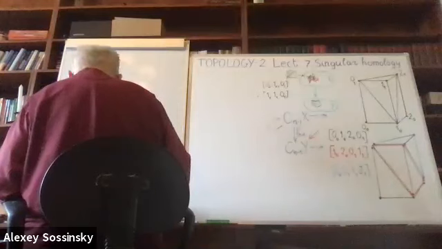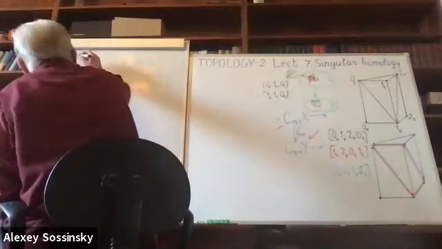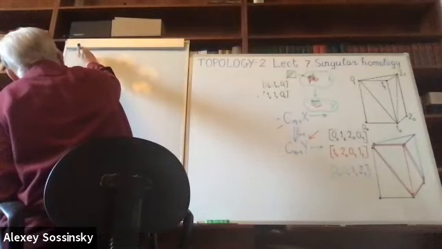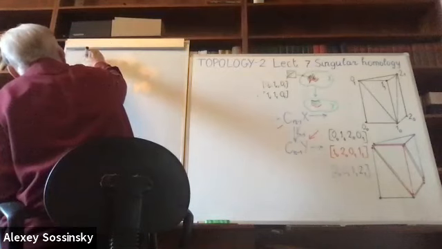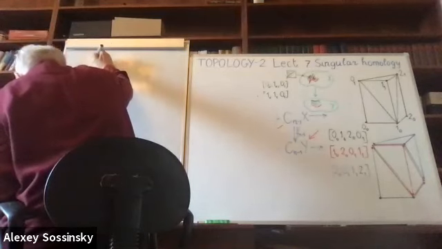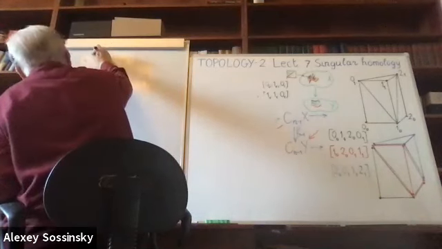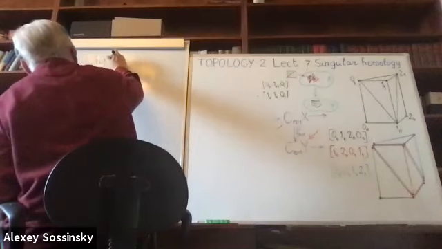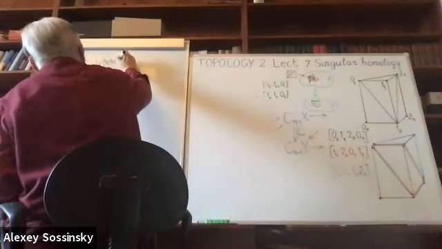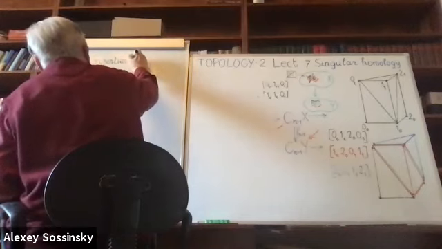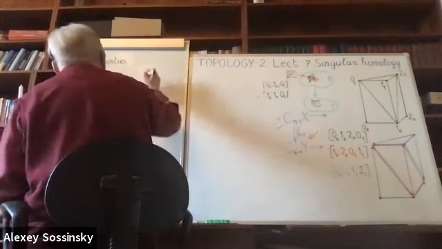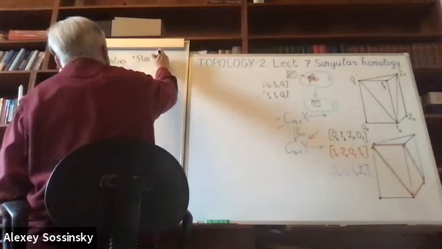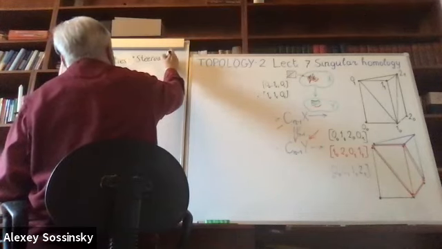So let's entitle this section 3. Properties of singular homology, which are also known as the Steenrod-Eilenberg axioms.